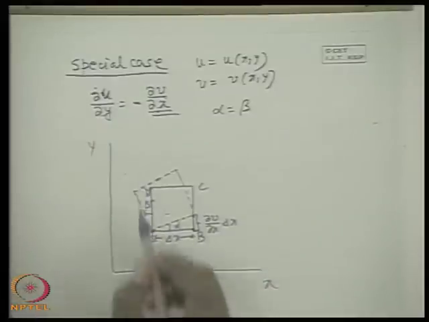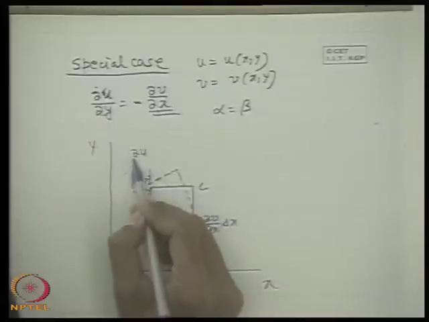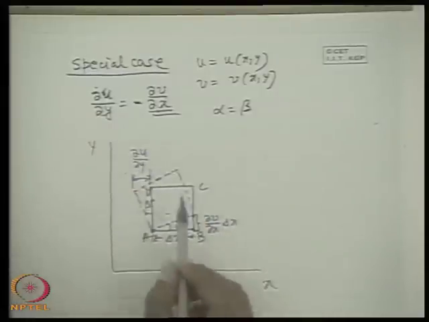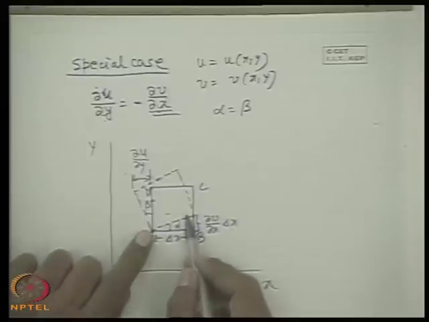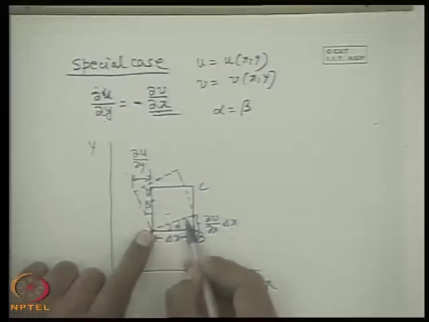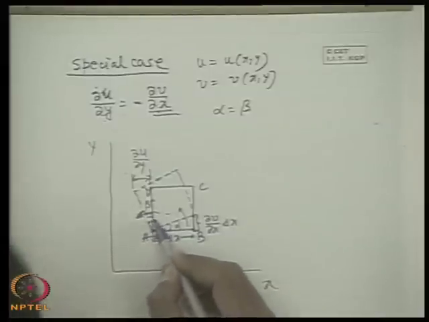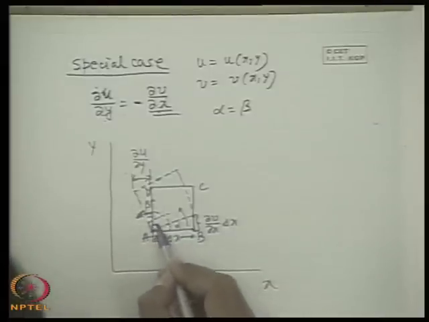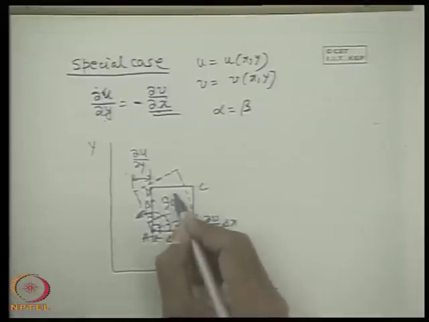So that means if this del u del y and del V del x are of opposite sign but equal in magnitude, both the linear elements will move in the same direction, and moreover the included angle remains the same. This is the earlier included angle and this is the final included angle, both of them remain 90 degree.